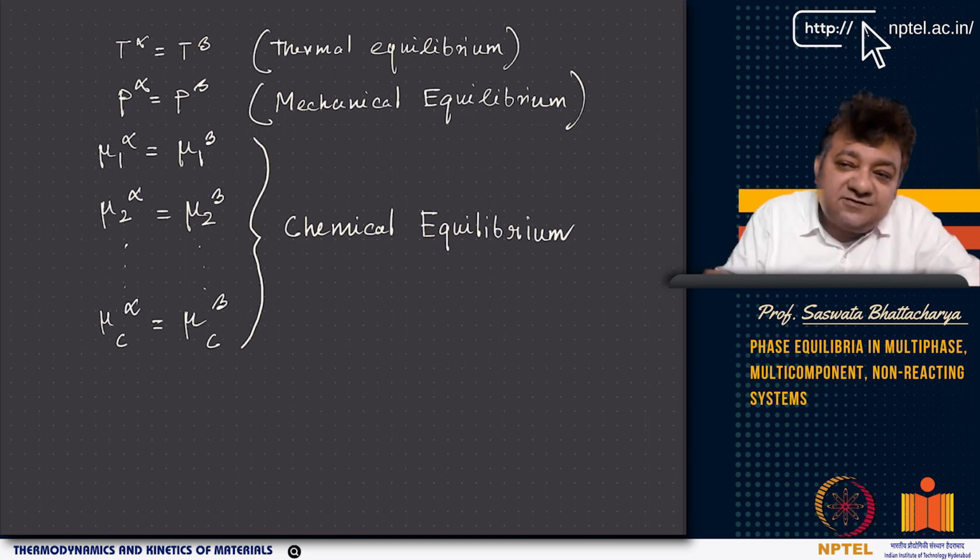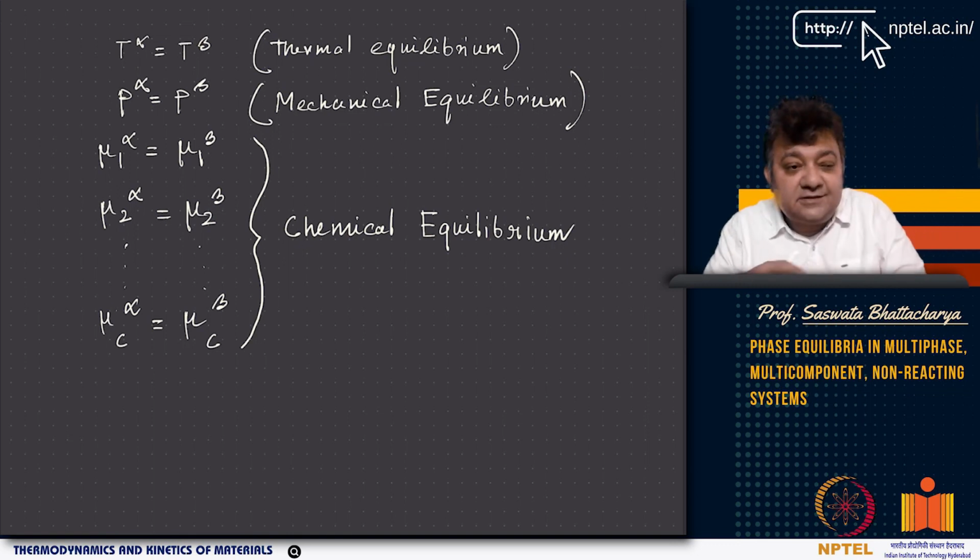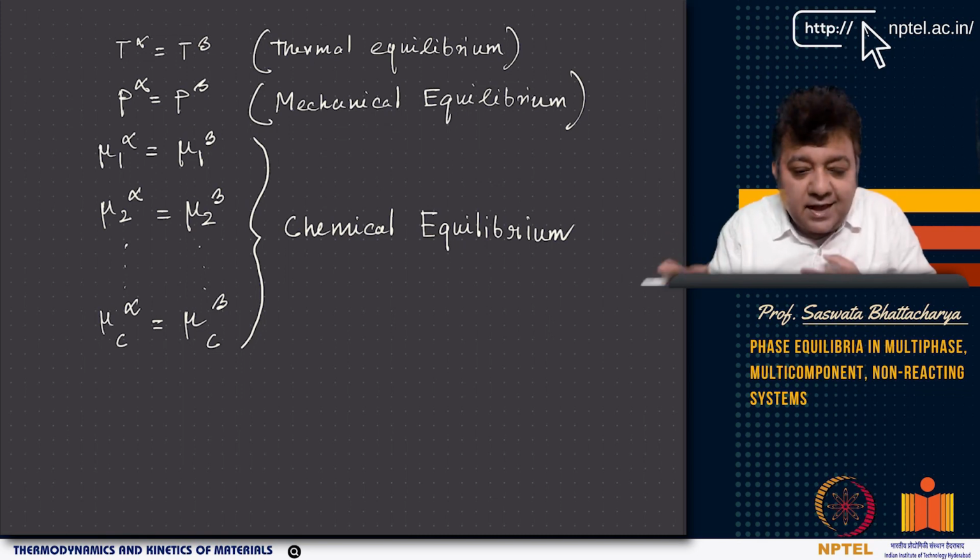In the absence of all these internal constraints, the values attained by each subsystem, the values of temperatures, pressures, or chemical potentials, define the equilibrium, because that maximizes the total entropy of the system, or you can say it minimizes the Gibbs free energy of the system, if instead of an isolated system we consider the overall composite system to be in contact with a thermal and mechanical reservoir, right?